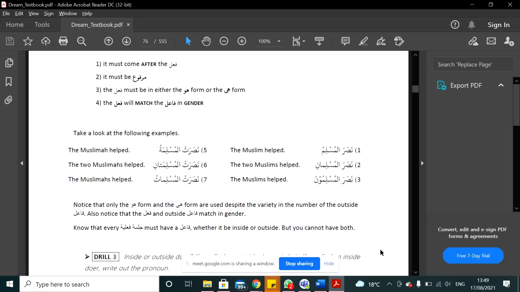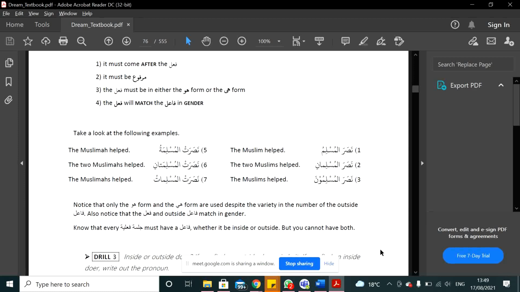You know, muslimu, muslimani, muslimuna, muslimatu, muslimatani, muslimatun, they all are ism, right? So our fa'il is always an ism, and it's always in a rafa form, whether it's u, ani, una, atu, or atani format. You will find them right after the fi'l. So you say, okay, I see a fi'l and I see an ism in rafa form after it, then it can be our outside doer.